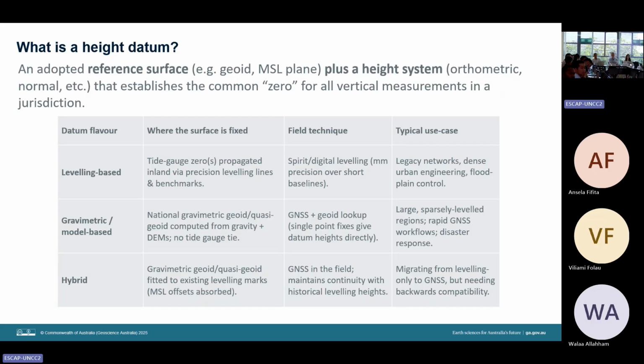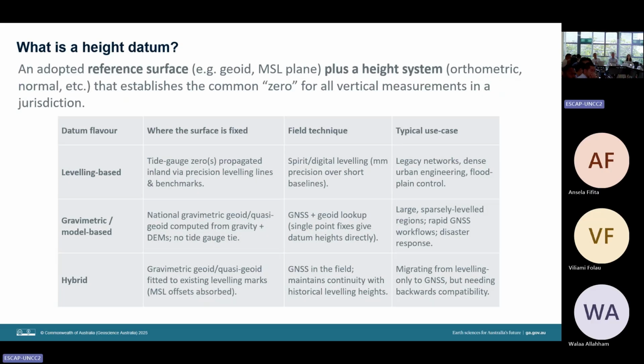It comes with the benefit that the heights are accessed directly in the field using GNSS and a geoid lookup or interpolation of the model to the point that you're working at. And it enables very rapid heighting over large or sparse areas, which really makes these systems ideal for disaster response or remote mapping and modern GNSS based workflows.